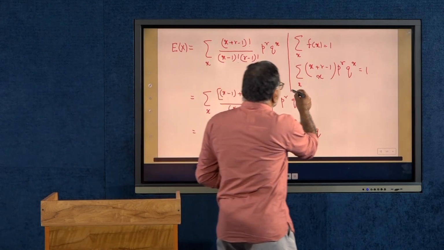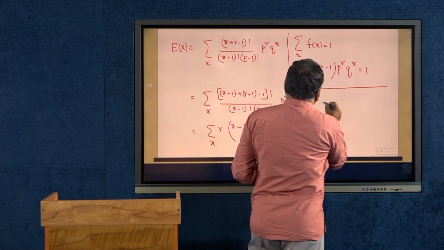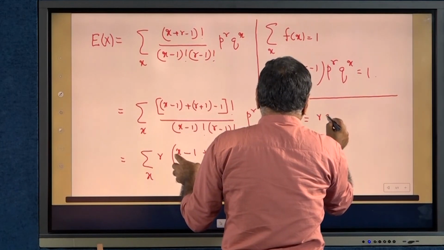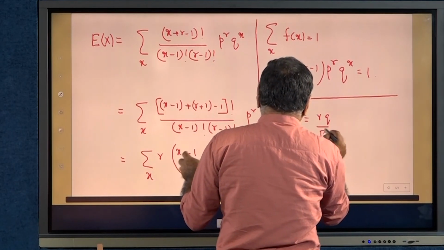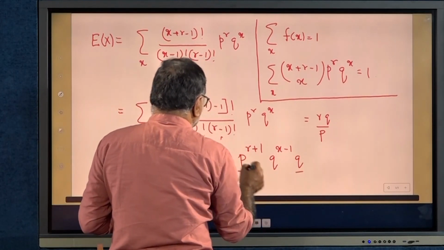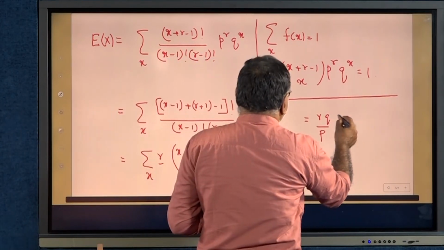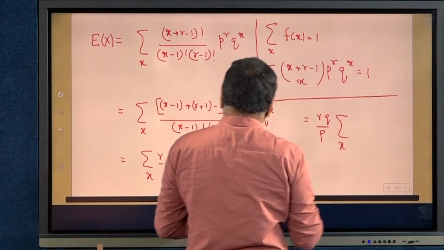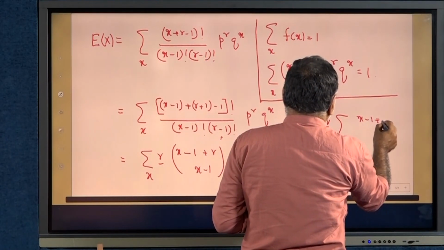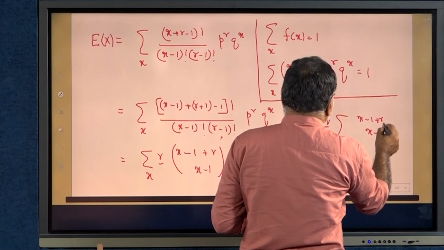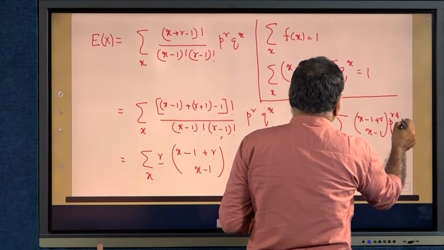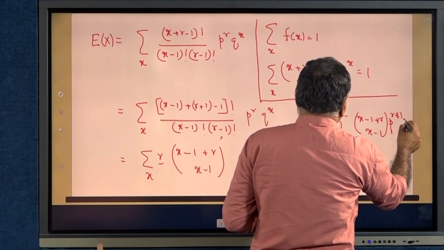The advantage is that r into q divided by p is taken outside. Then remaining is sigma over x, x minus 1 plus r c x minus 1 p power r plus 1 q power x minus 1.